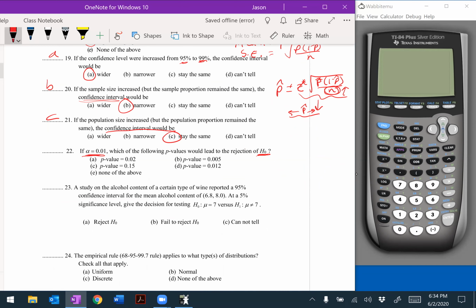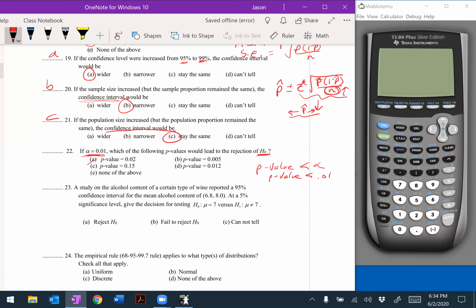Well, we always want our p-value to be less than our significance level, right? So we want the p-value in this case to be less than 0.01. And so which one of these is less than 0.01?